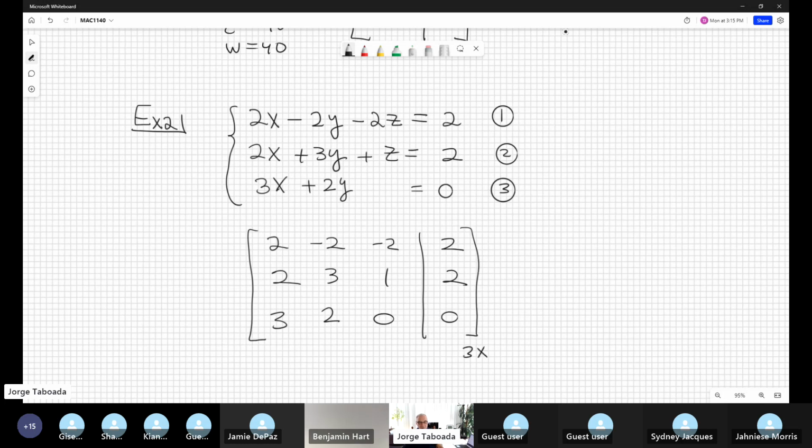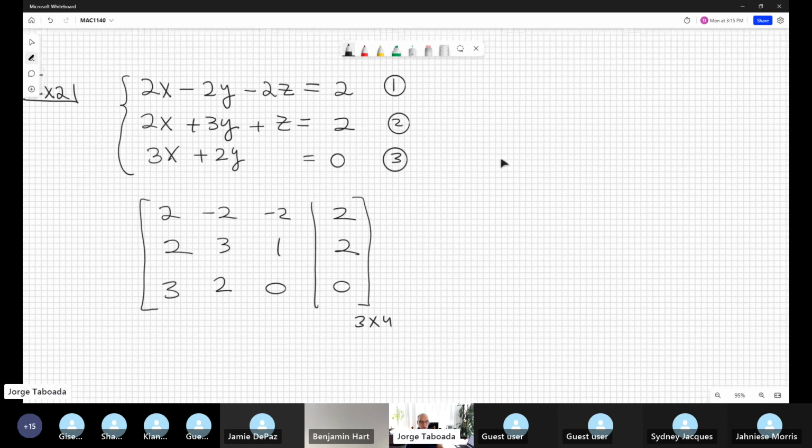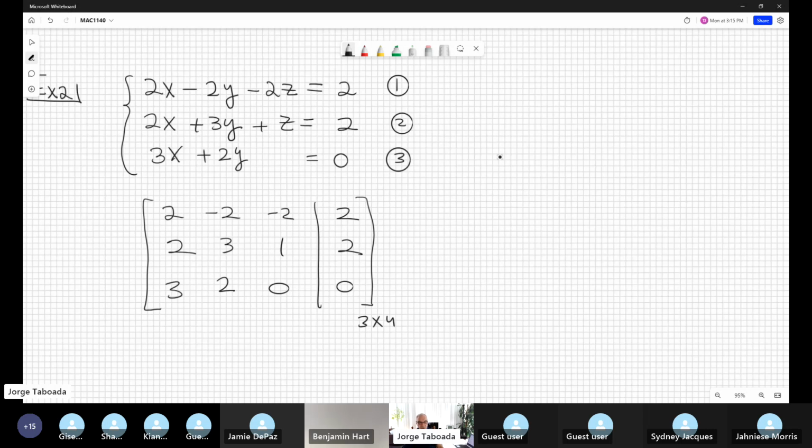It's 3 by 4 again. Okay, now I go to the software, GeoGebra, and perform the famous reduced row echelon form function.